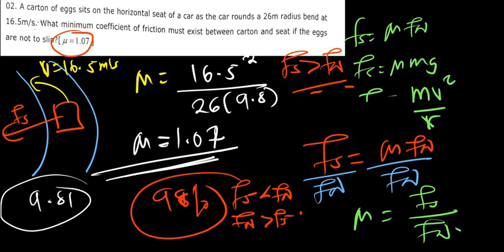But that is rarely the case, like in this case we have now found it. In most cases, the coefficient of friction is always less than 1. Okay? Does that make sense?